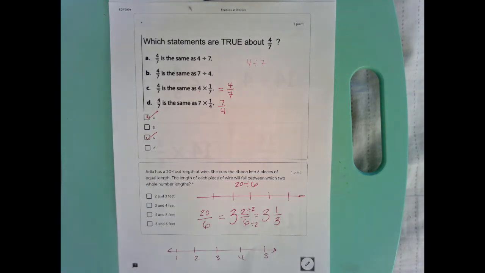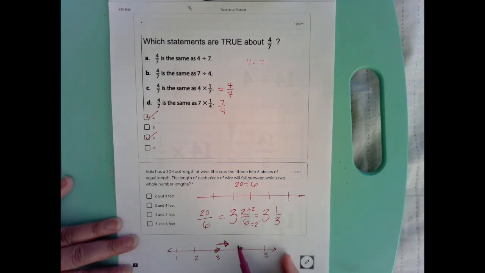And it's a little bit bigger because it's 1/3 bigger. So I'm going to put a dot here. It's going to be bigger than 3, but it doesn't get to 4 yet because the whole number is not 4. So we know it's going to be between 3 and 4.